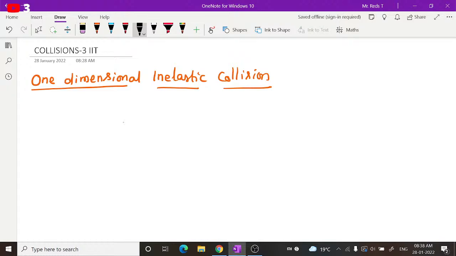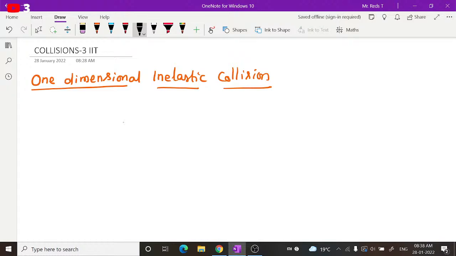For understanding purposes, I will explain how to find the loss of kinetic energy specifically in a perfectly inelastic collision. Then we will consider the direct formulae related to inelastic or partially inelastic collision.